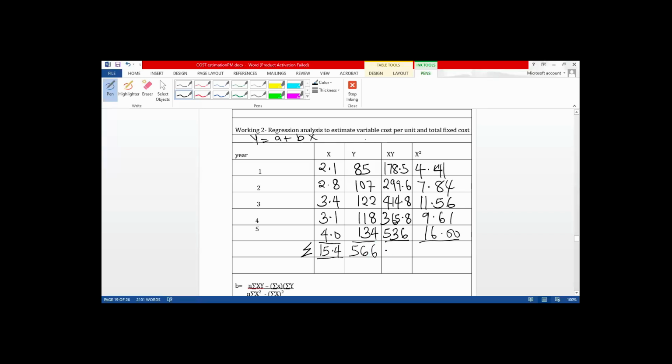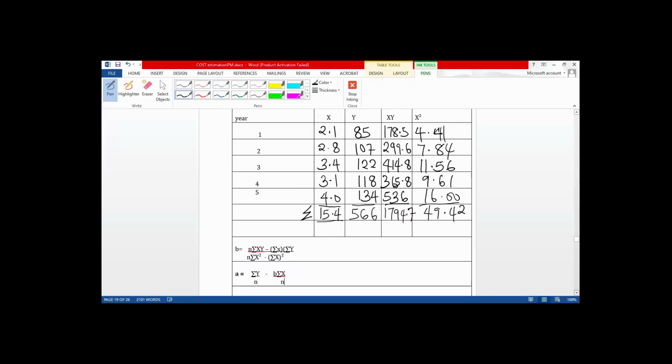Sum your xy is 1794.7. And sum your x squared. X squared is 49.42.